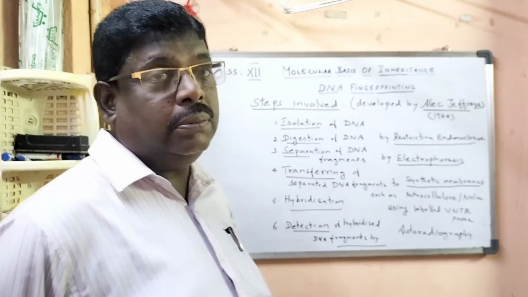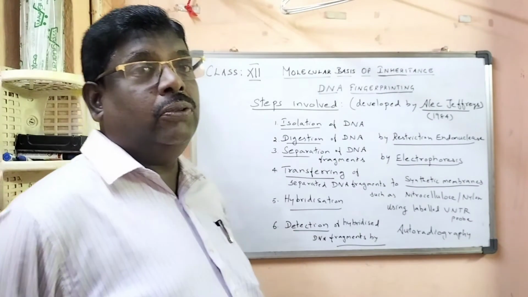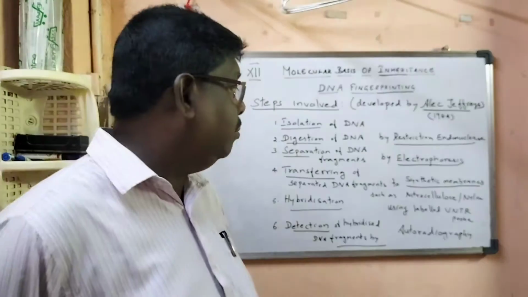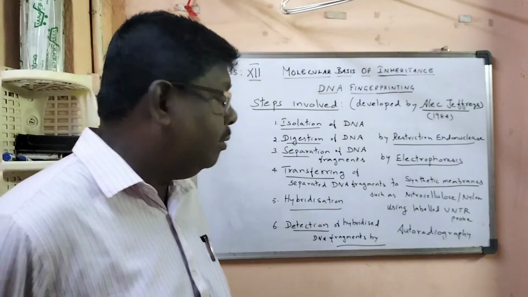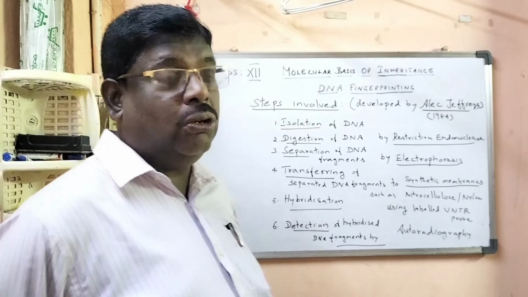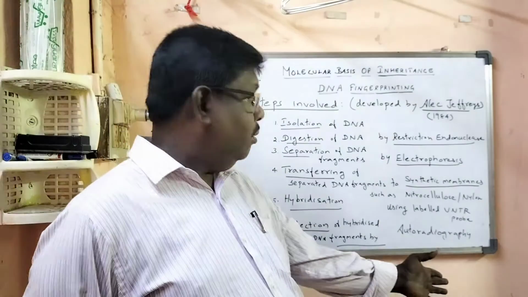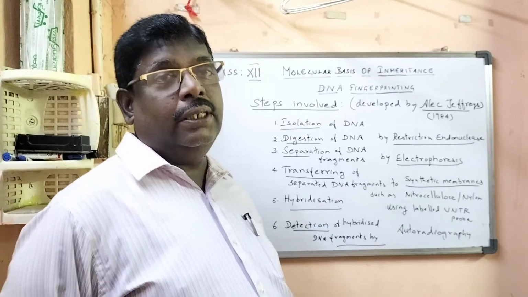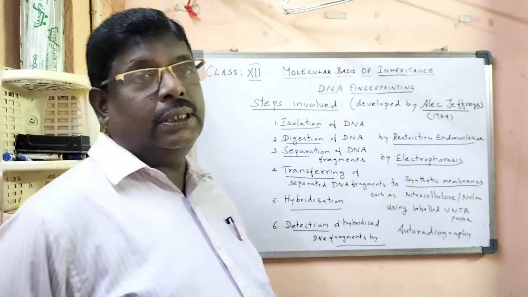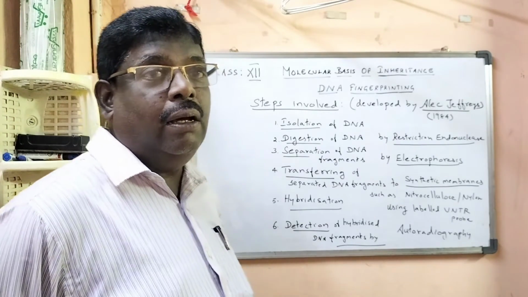It's also known as the blotting technique. Then the fifth step, hybridization, done by labeled VNTR probe. Finally, detection of hybridized DNA fragments by autoradiography. These six steps you have to remember. This specific DNA fingerprinting technique can also be asked in a 3 mark question.